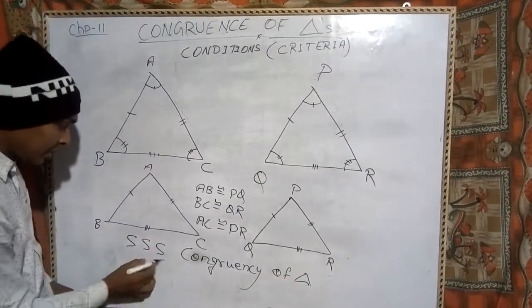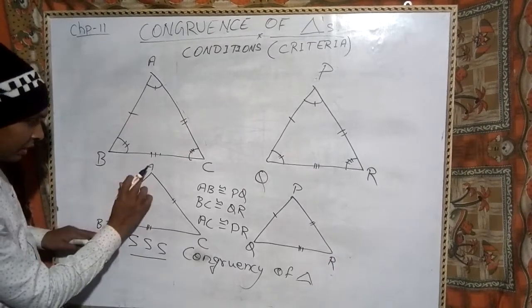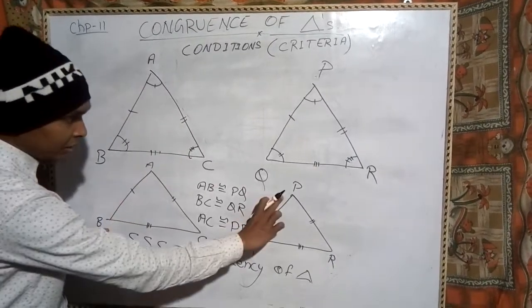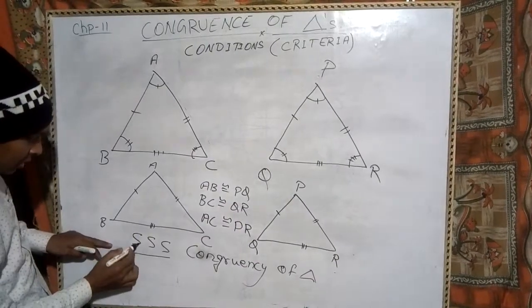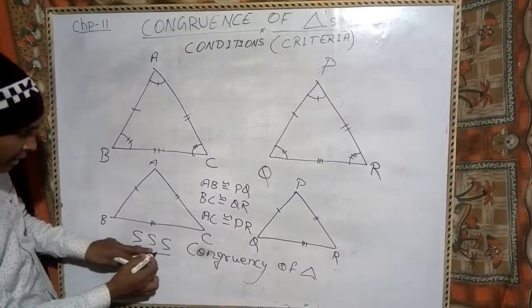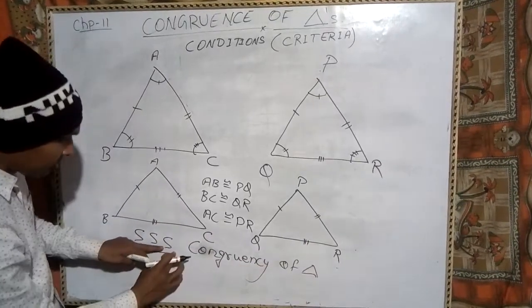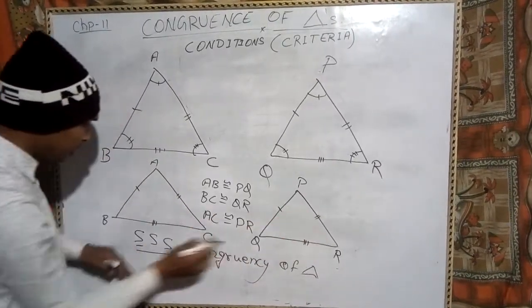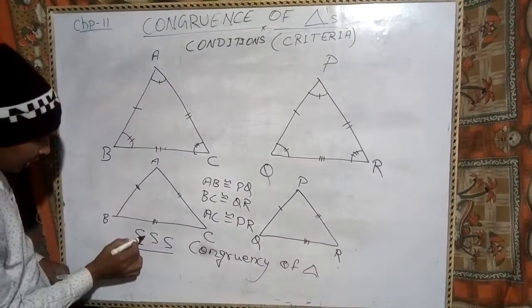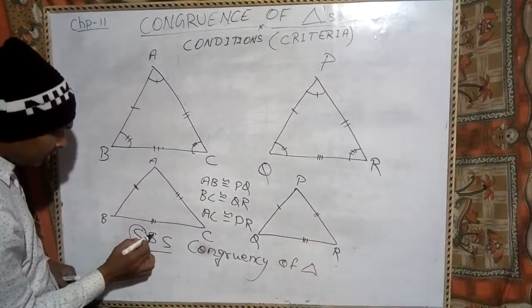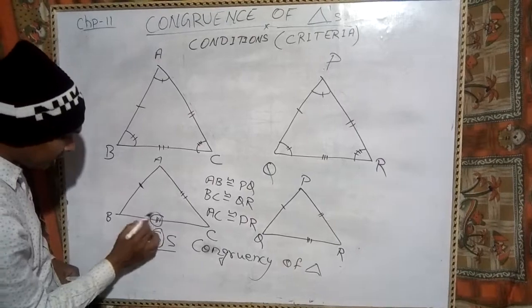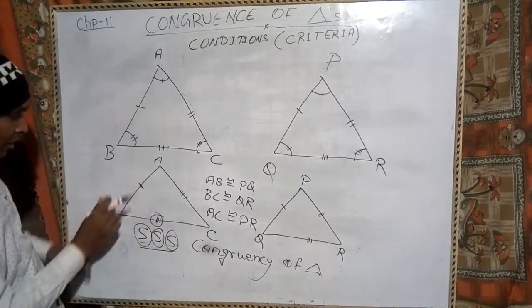SSS, triple S congruency, means one S for this side equal to this side, another S for this side equal to this side, and another S for this side equal to this side.